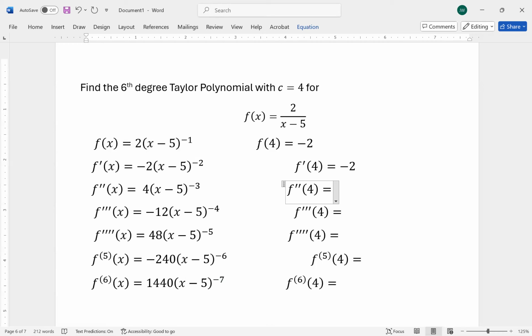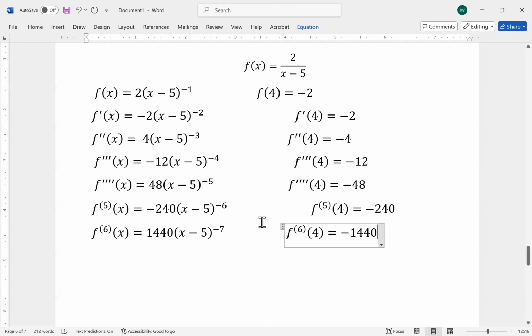When I plug in 4 into the second derivative, I get a negative 4. Third derivative, I get a negative 12. Fourth derivative, a negative 48. Fifth derivative, I get a negative 240. And sixth derivative, I get a negative 1,440. That takes the longest time.